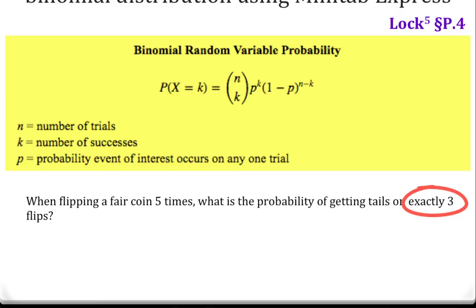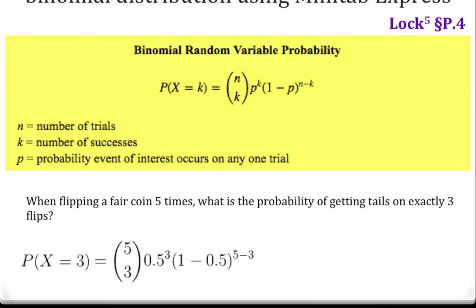Here, k equals 3. P of x equals 3 is equal to 5 choose 3 times 0.5 to the power of 3 times 1 minus 0.5 to the power of 5 minus 3. Doing the math out, this gives us a probability of 0.3125.